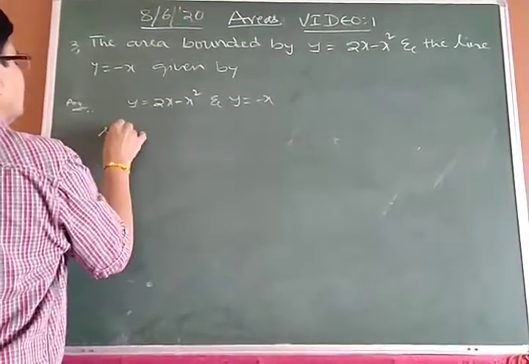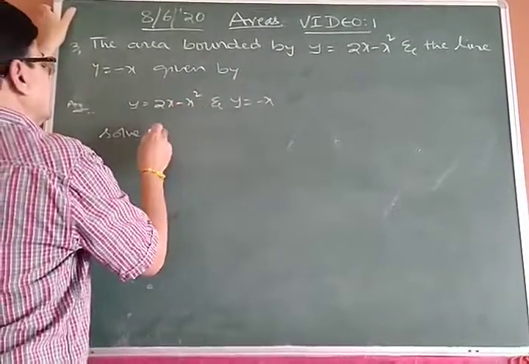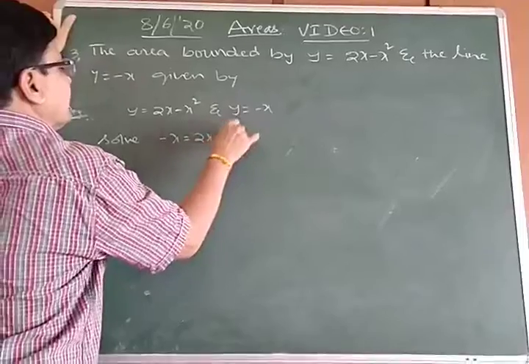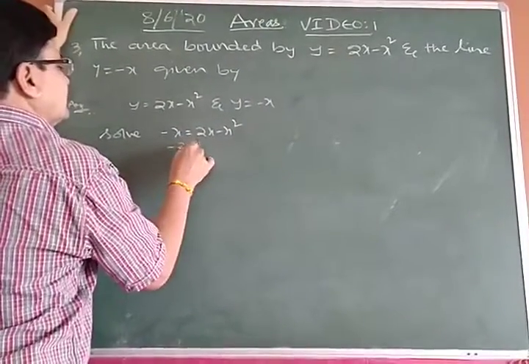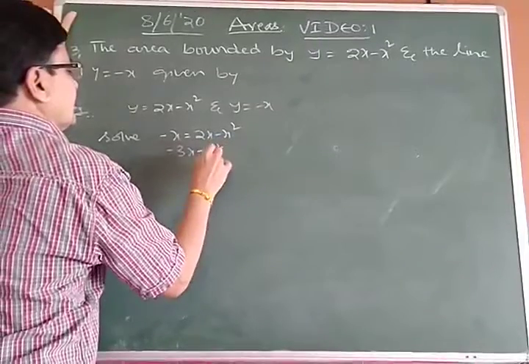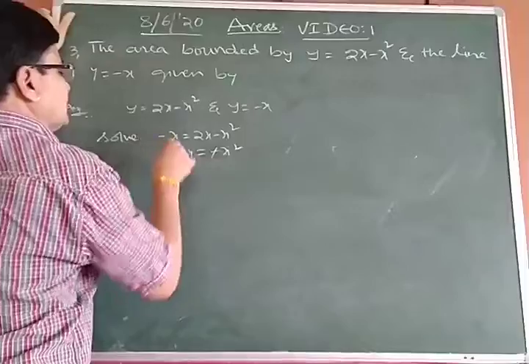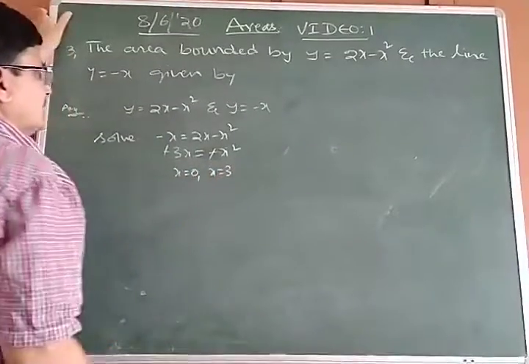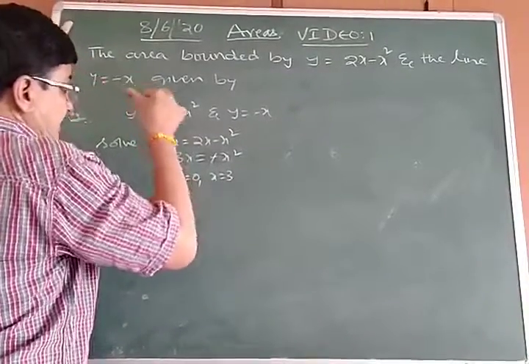Solving these two, the curve and the line, we get minus x is equal to 2x minus x square. So this is 3x minus x square is equal to 0, so x is equal to 0, x is equal to 3 are the points of intersection of the line.